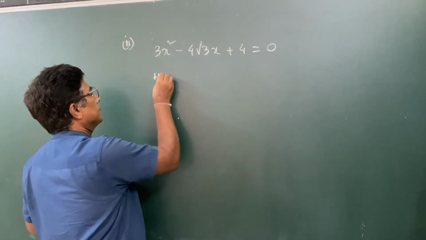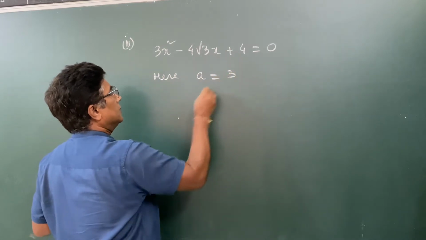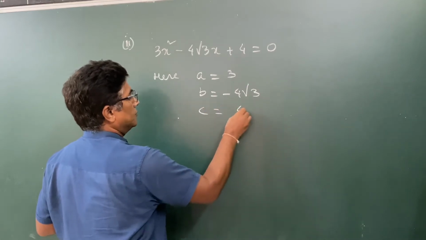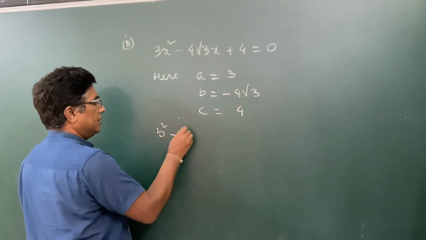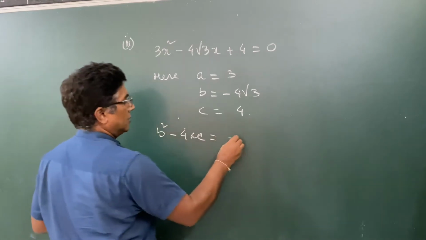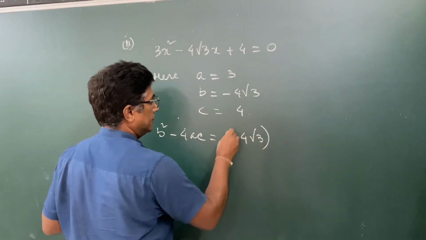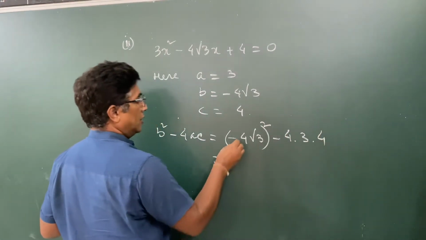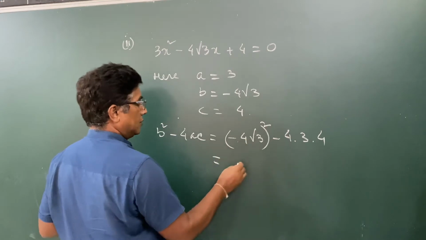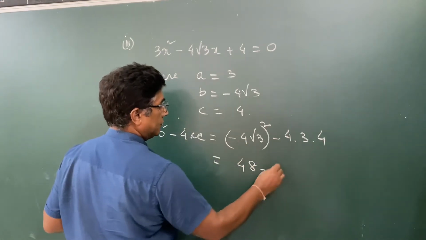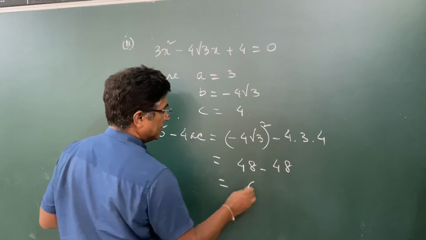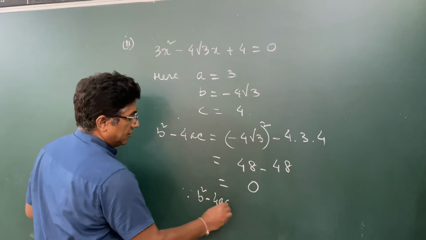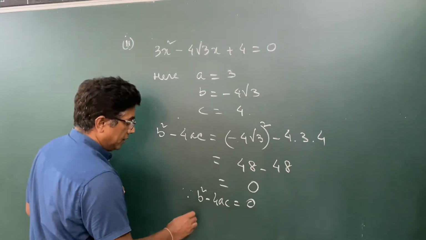Here a is 3, b is minus 4 root 3, c is 4. So b square minus 4ac is minus 4 root 3 square minus 4ac. Minus 4 root 3 square is 48, minus 48. So what did you get? 0.